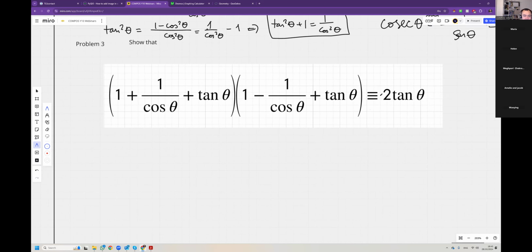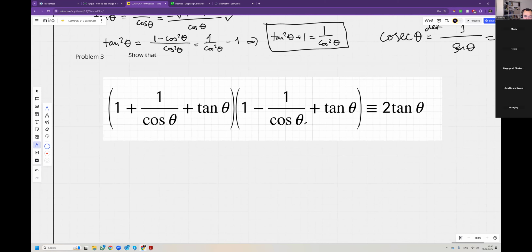So to show that, what we do is we take either the left-hand side and simplify it into the right-hand side, or vice versa. I have a strong belief that it would be easier to modify the left-hand side to match the right-hand side rather than the other way around.